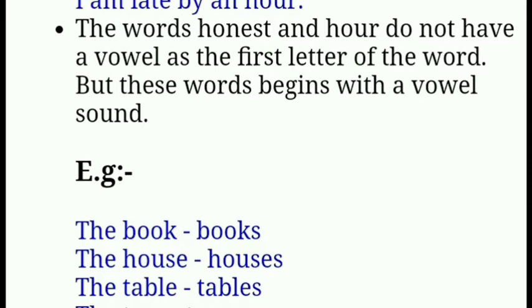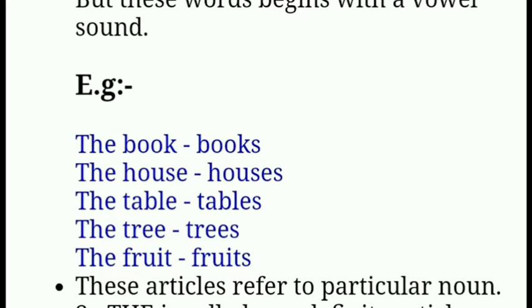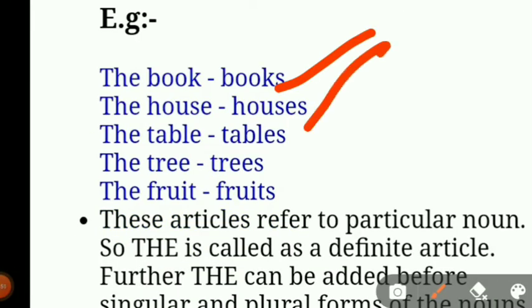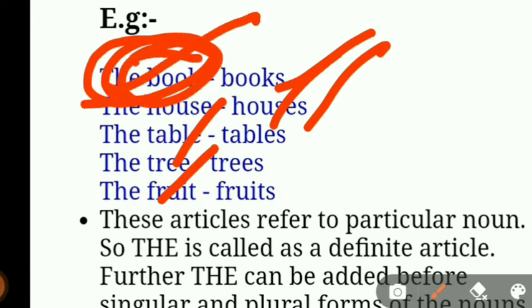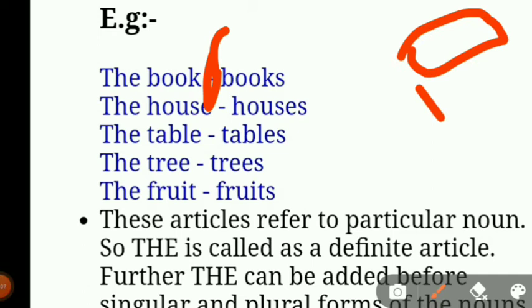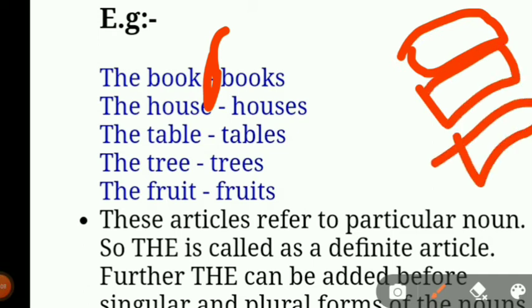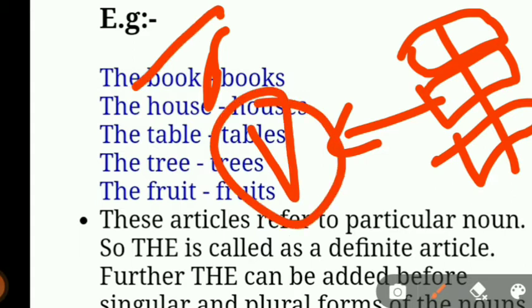Okay, the book, the books, the house, the table, the tree, the fruit. The book: only one book, a particular book, so it is a definite article. Books: so many books are there, but we are talking about only one book, that is the book.